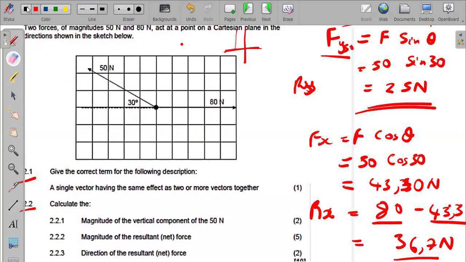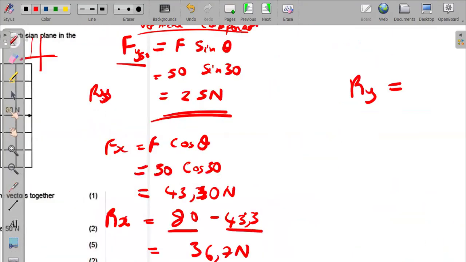You can notice that the only force that is acting upwards is Fy. Hence, because of that, Fy is equal to Ry. So we will simply say Ry is equal to Fy is equal to 25 Newton. We have already calculated it, right?